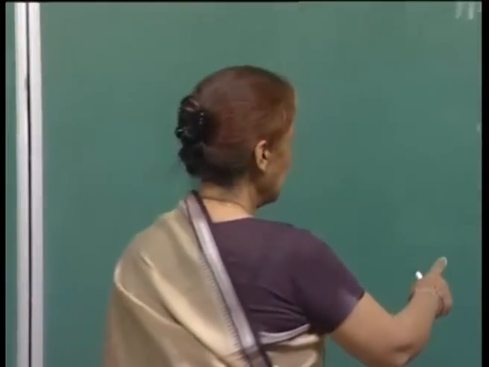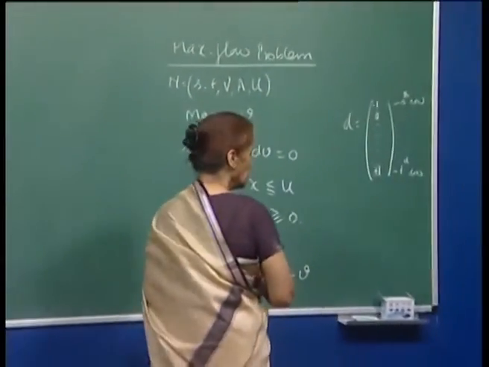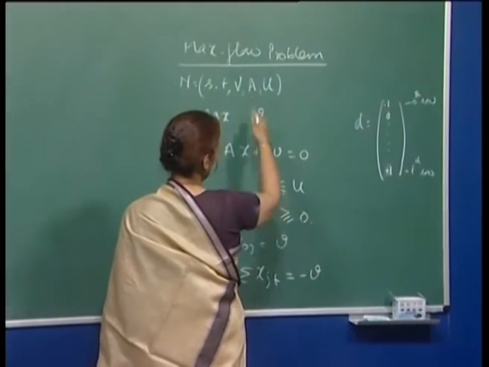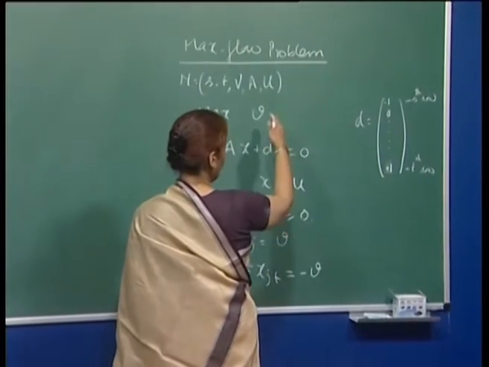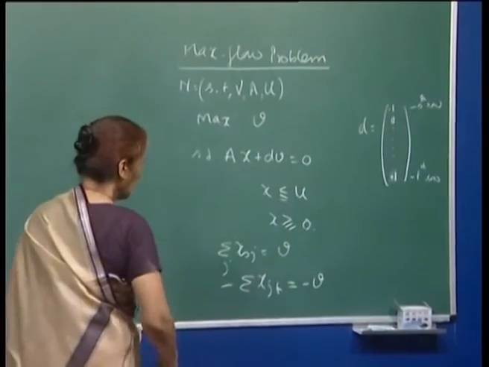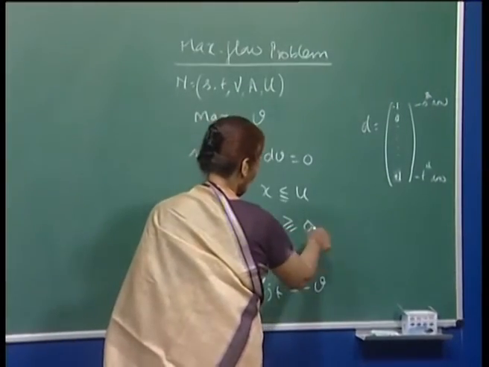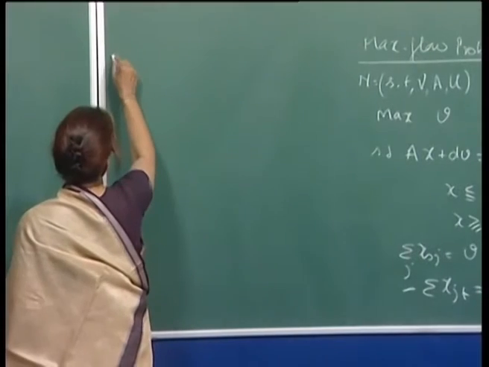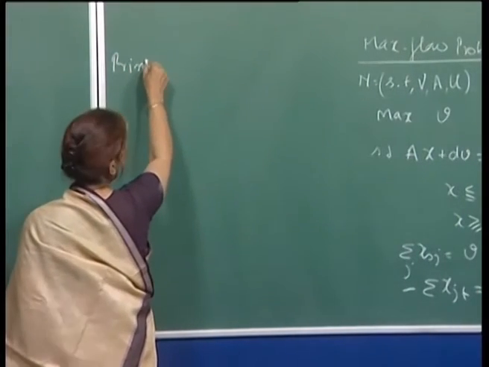So, I write this, and therefore, what I will do is I will write all the constraints as less than or equal to, because this is a maximization problem, a dual problem. I am looking upon this as a dual problem, right. So, just rewrite this as less than or equal to 0, right. In that case, what would be your primal problem?